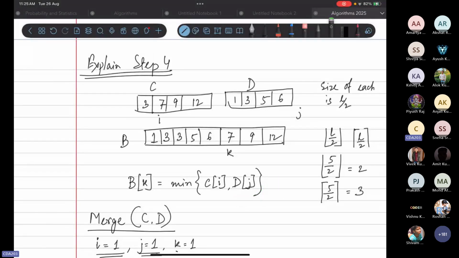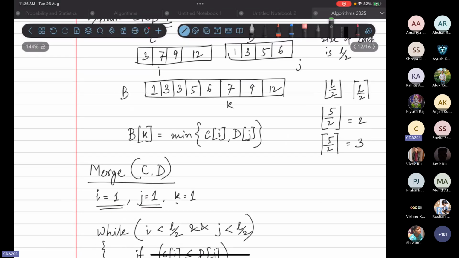Otherwise, you can find some element which is less than this minimum of Ci and Dj, and you can contradict that C or D is sorted.